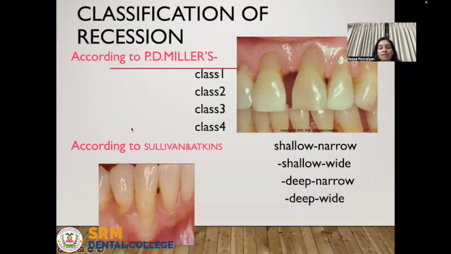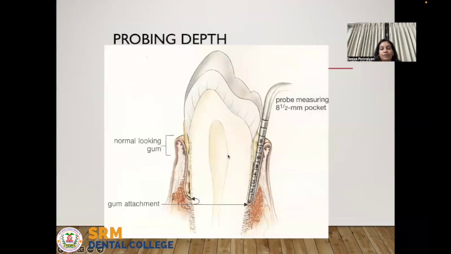Recession can be classified according to P.D. Miller's as class 1, 2, 3, 4, and also according to the Sullivan and Atkins classification. So once you've identified it, you need to classify the recession. Then a very important observation in your clinical diagnosis, which will help you to understand the disease, is your probing pocket depth.